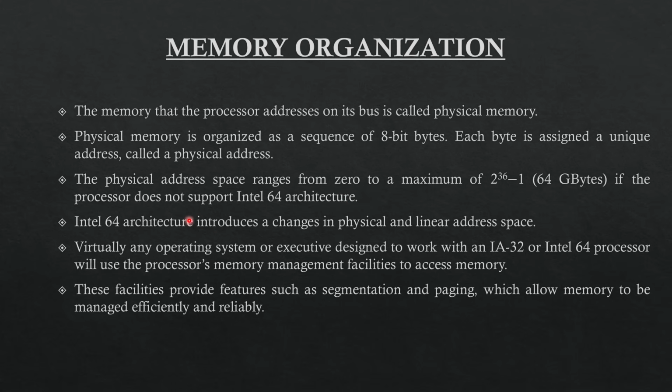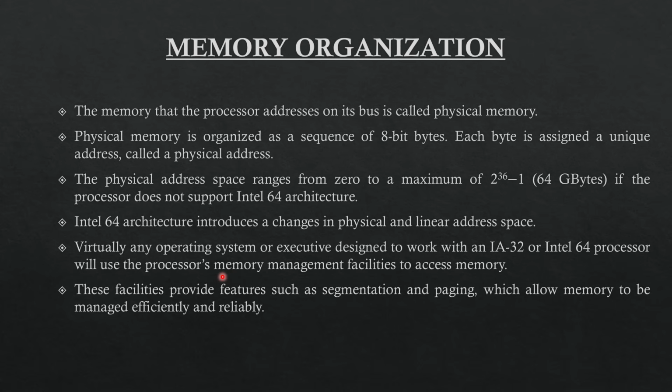The Intel 64 architecture introduced a change in the physical as well as the linear address space. An operating system or executive designed to work on an IA32 or Intel 64 processor will use the processor's memory management facility to access memory.